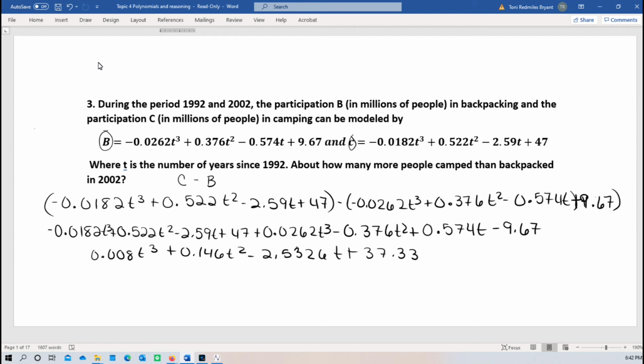All right, and if you find the amount of years in between these two dates, we get t equals 9.